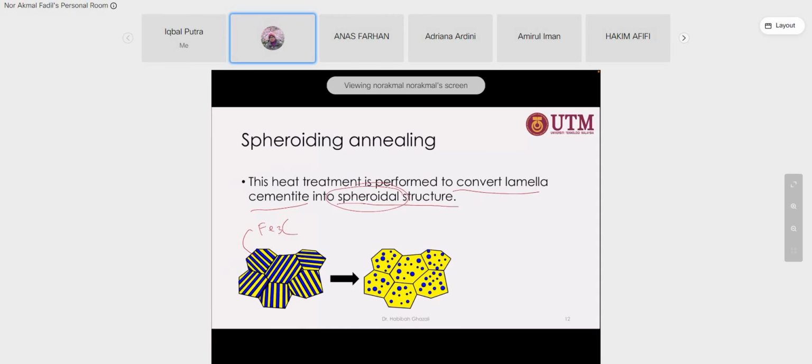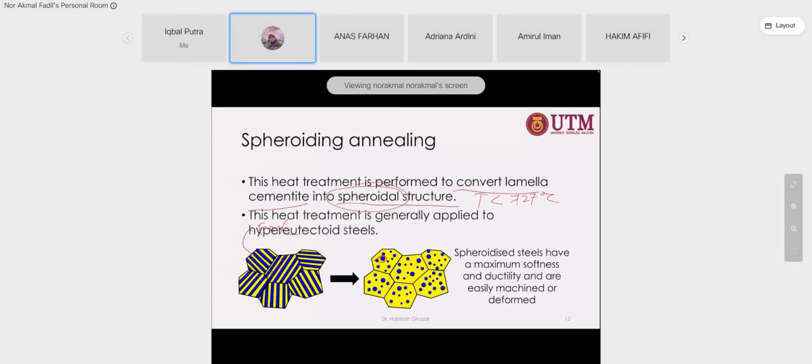At this temperature, which is lower than 727 degrees Celsius, the cementite inside the pearlite will transform into spheroids. Spheroidite has maximum softness and ductility and is easily machined or deformed.